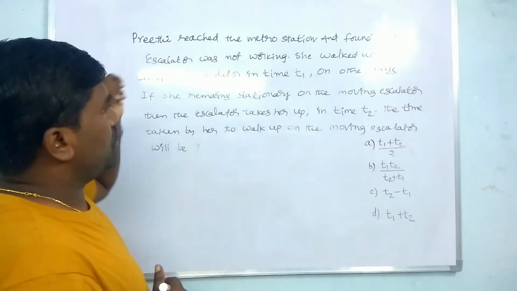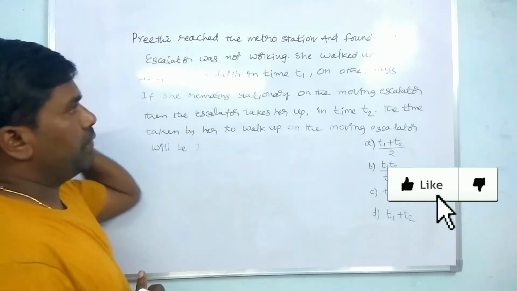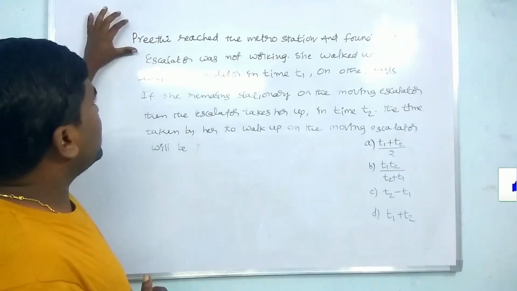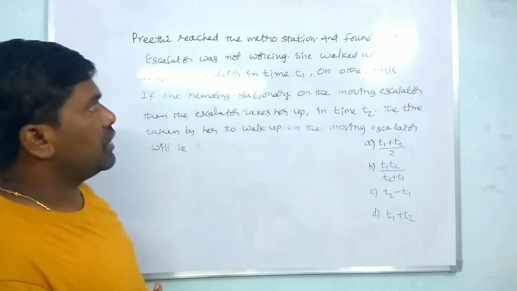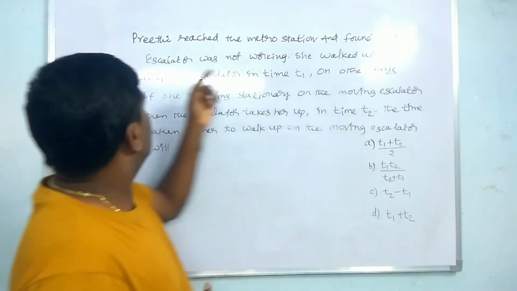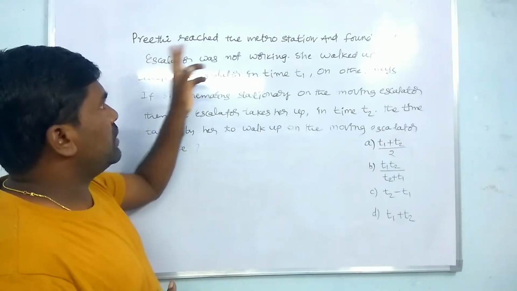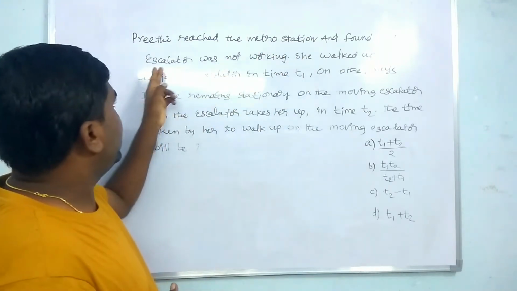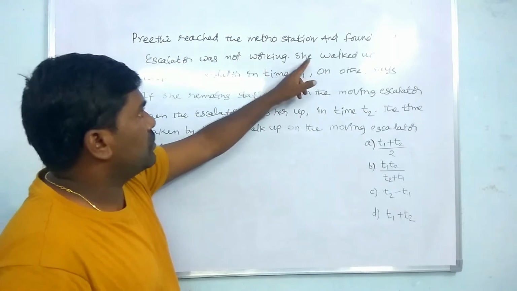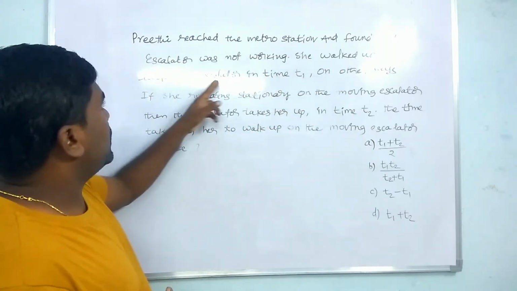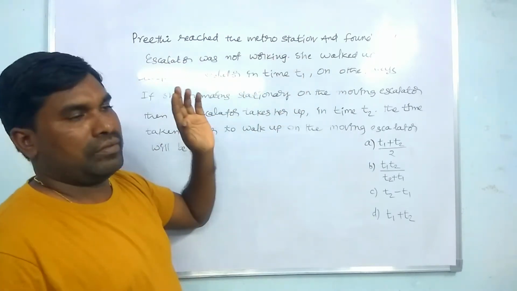So here there is a question which was asked in 2017 NEET. Preeti reached the metro station and found that the escalator was not working. So she walked up the stationary escalator in time t1.